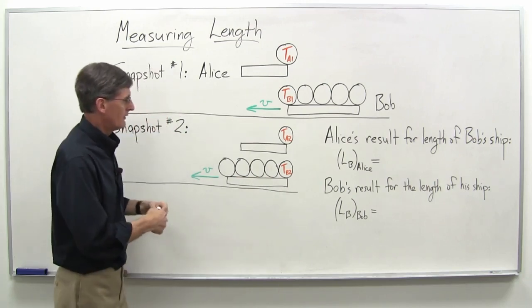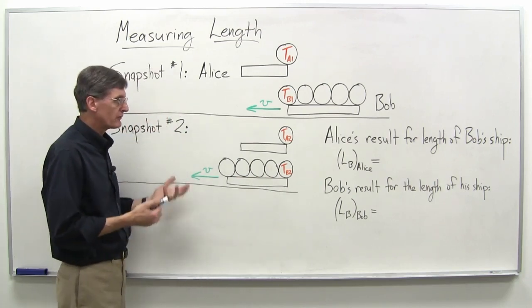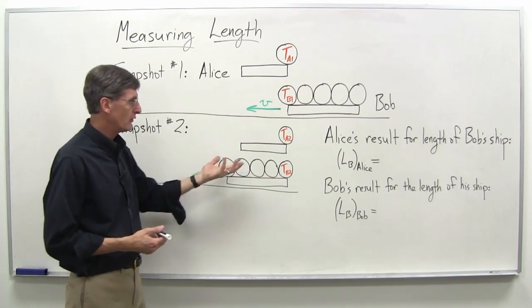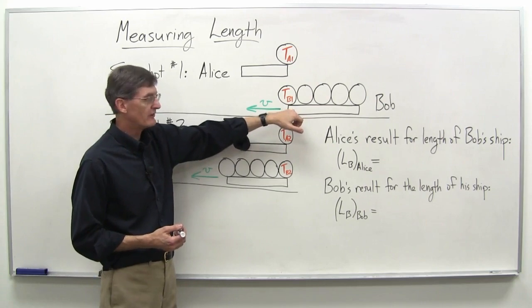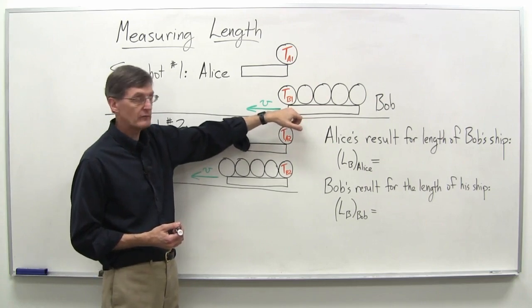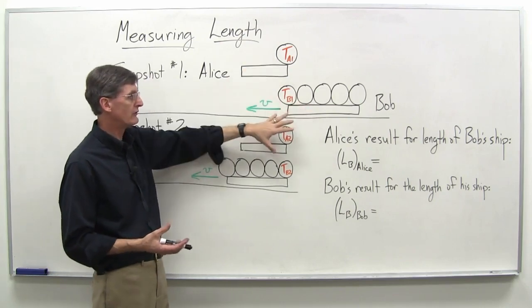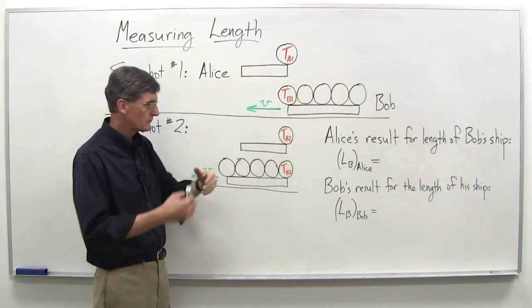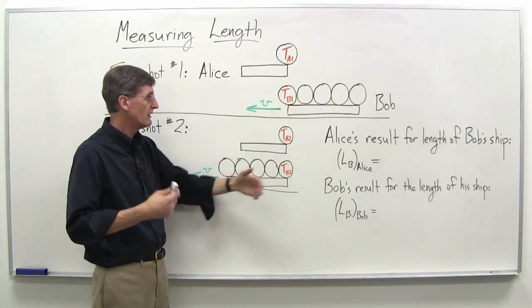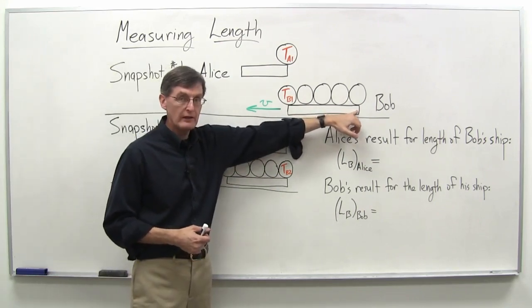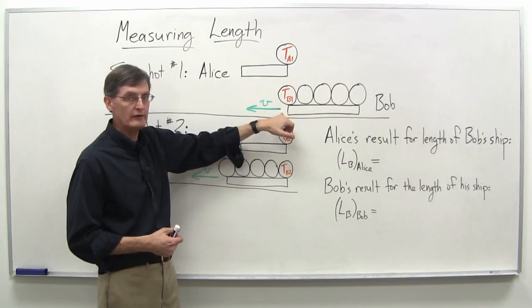So how then does Alice get the result for the length of Bob's ship? Well, it's simply the distance traveled. We know Bob is traveling at a constant velocity v. That's what Alice sees him doing. He will travel a certain distance in that amount of time, represented by the end of his ship coming to this point here.